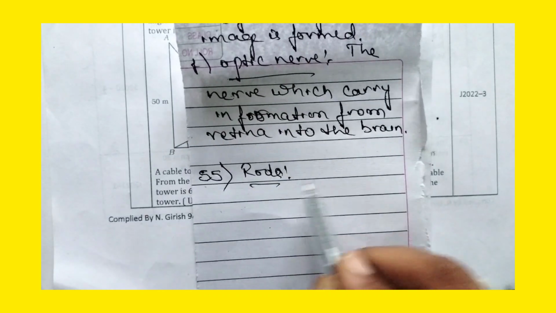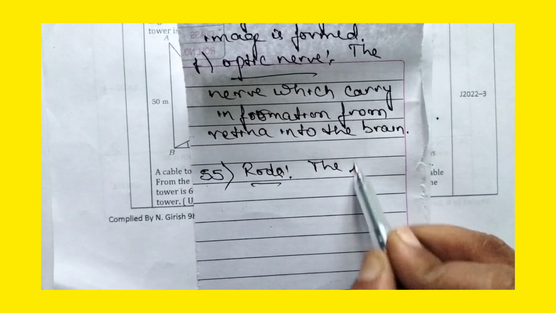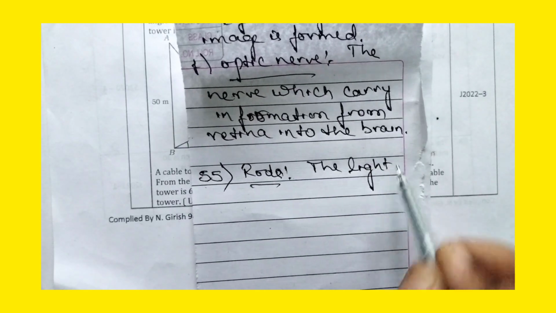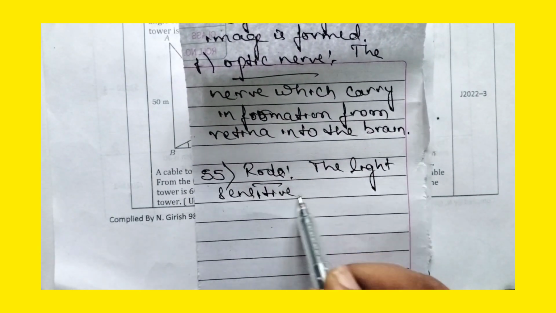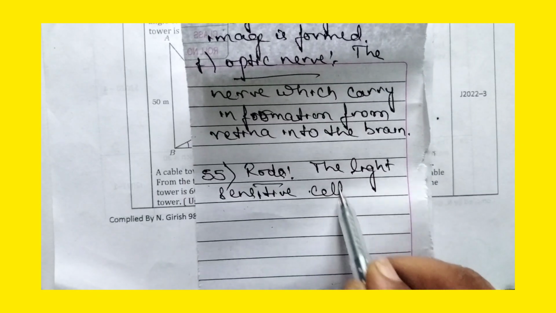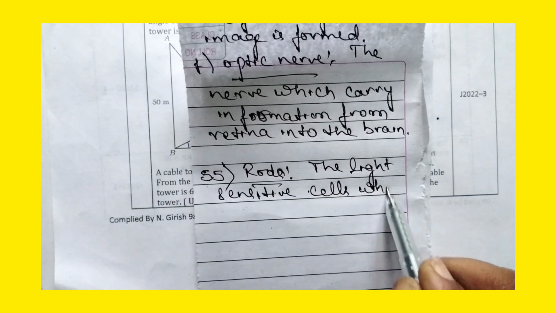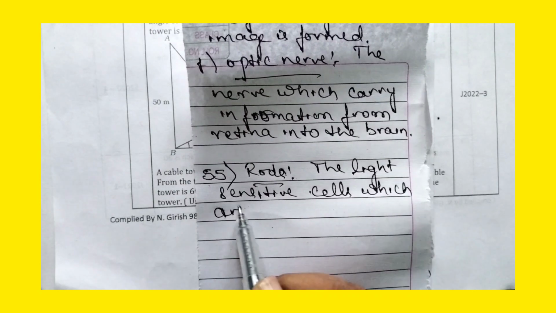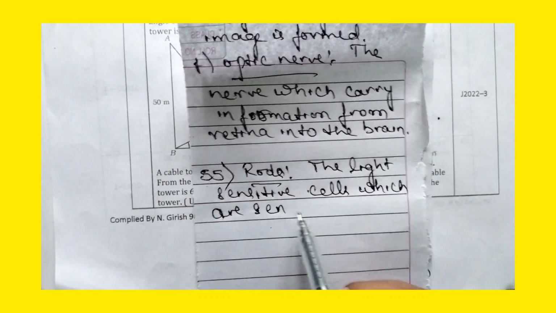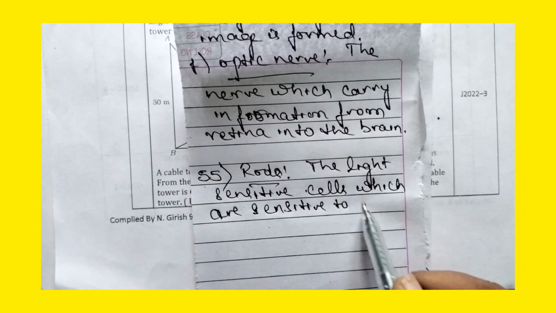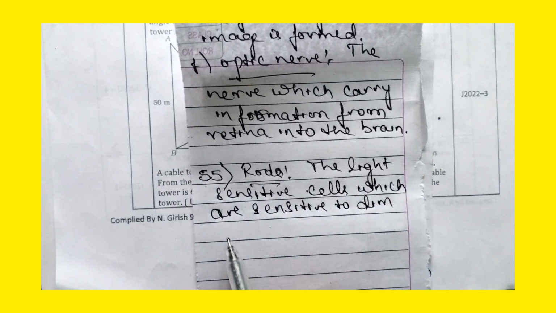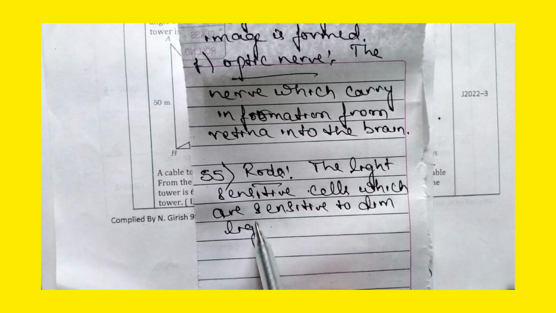Rods are the light sensitive cells which are sensitive to dim light.